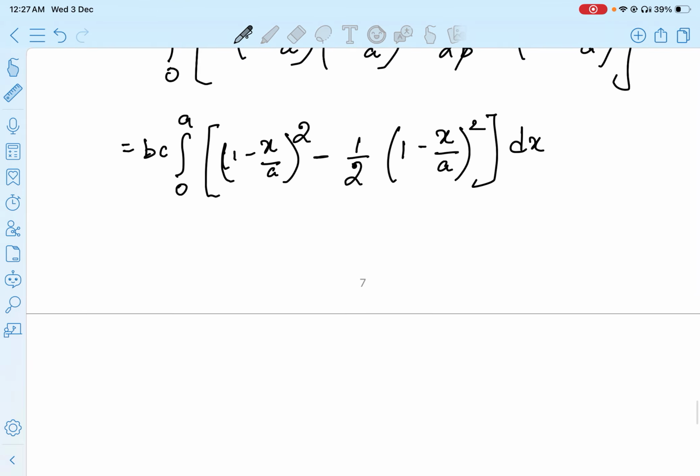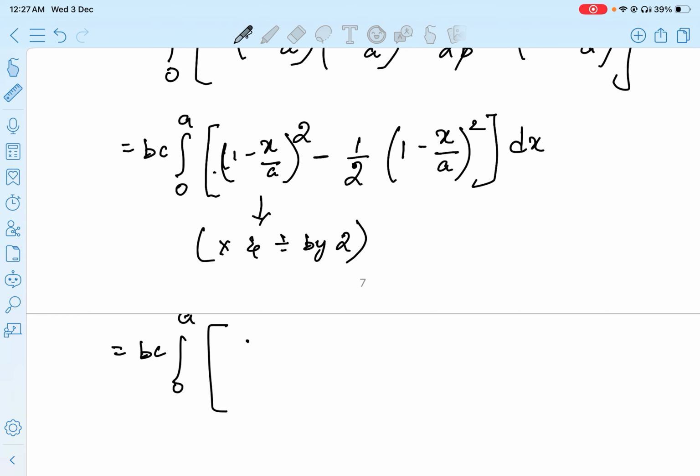Now we have 1 by 2 here, but we don't have 1 by 2 here. So we can multiply and divide by 2 in this term. So what will happen? bc integral 0 to a, if we multiply and divide by 2, it will become 1 minus x by a the whole square by 2 minus 1 minus x by a the whole square by 2.